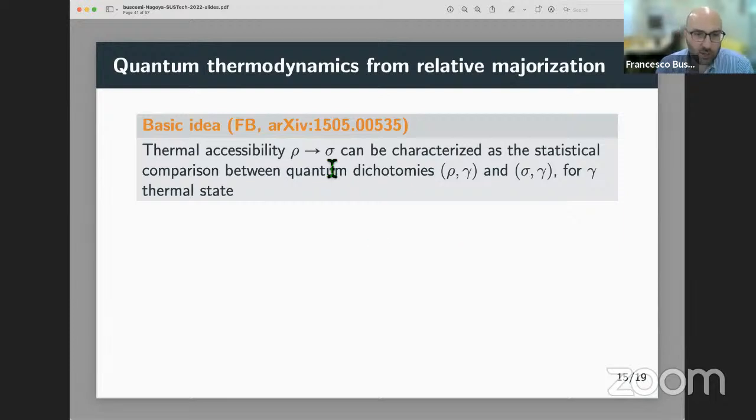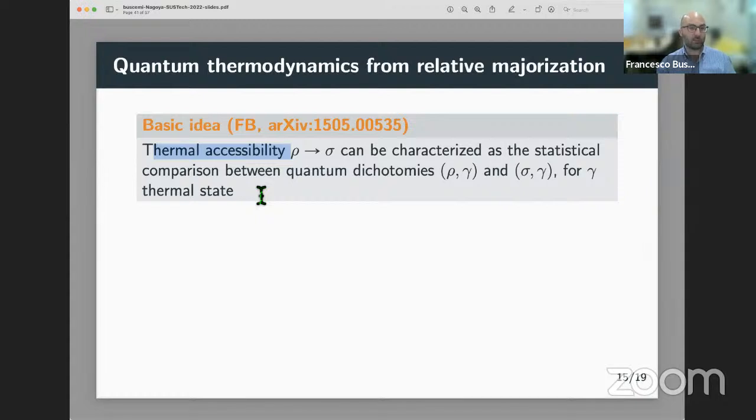So the idea is that you have two states, rho and sigma, and you want to understand when you can go from rho to sigma with some idea of thermal operation. I will see later what we mean by that, but the starting idea here is to consider the comparison between two quantum dichotomies, rho and gamma versus sigma and gamma, where gamma is the thermal state.